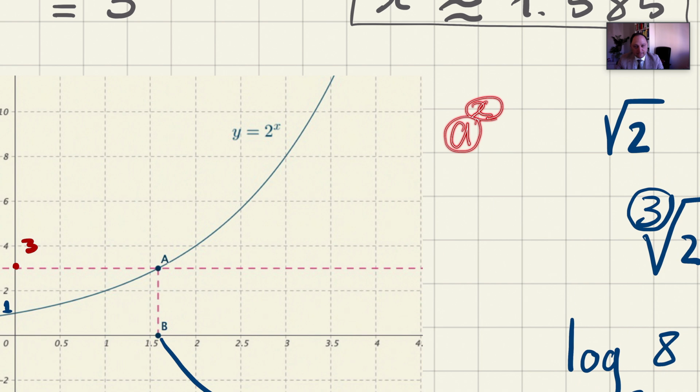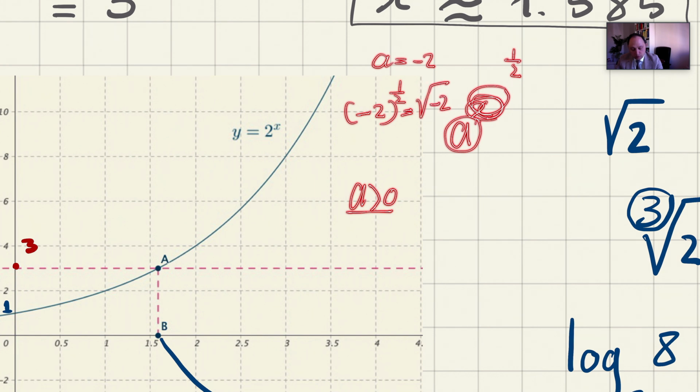It can be a negative number? It cannot be a negative number, because if you choose a negative number, then you will be in trouble. If you choose a equal to -2 and you choose x equal to 1/2, then you will face -2 to power 1/2, which is a complex number not defined in the real numbers. It becomes a square root of -2, which is undefined. So a has to be positive.